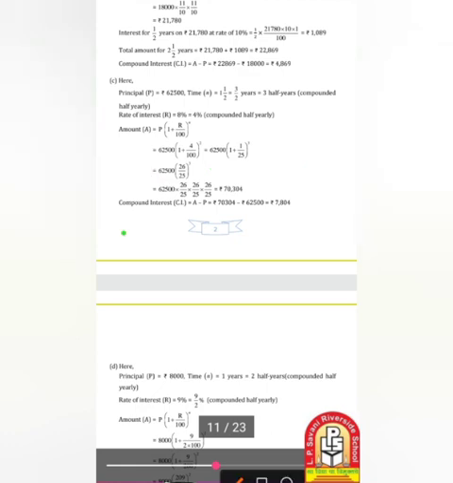Then next, compound interest CI is equal to A minus P. So 70,304 minus 62,500, that is 7,804.